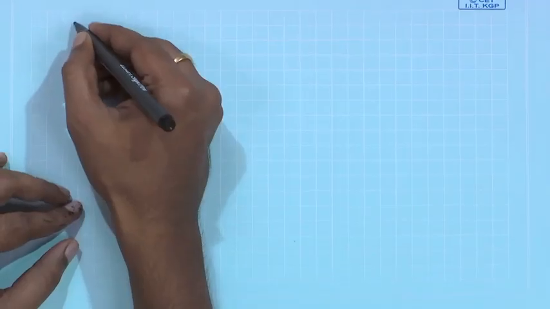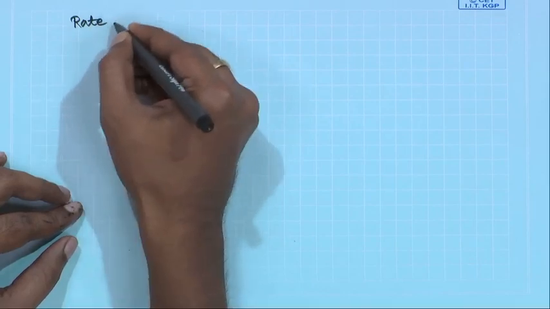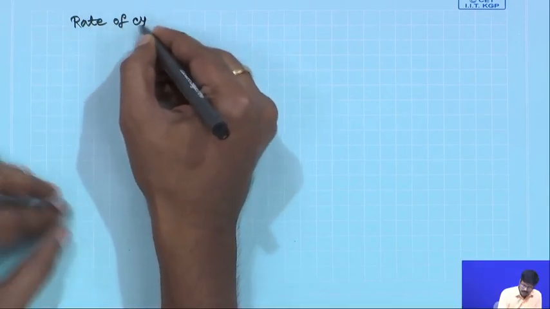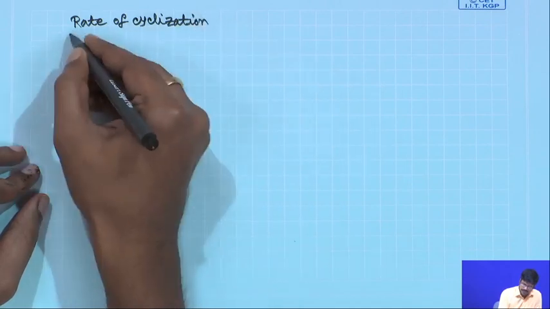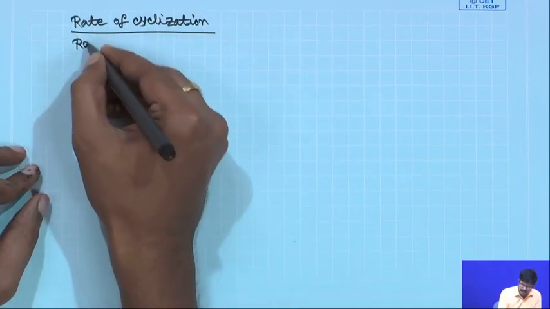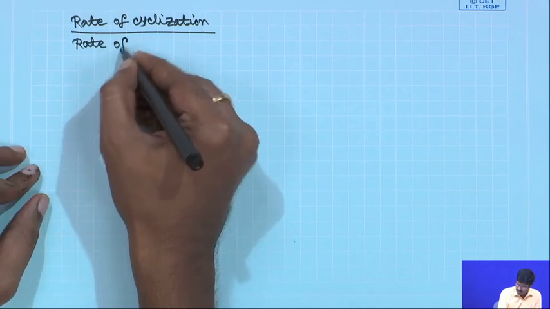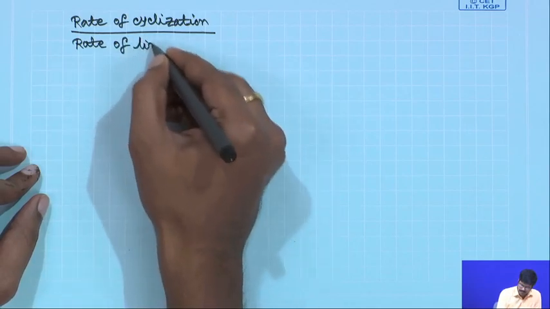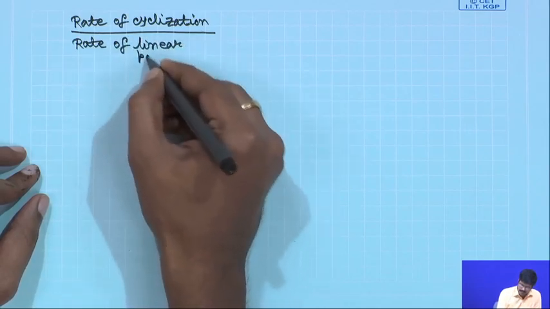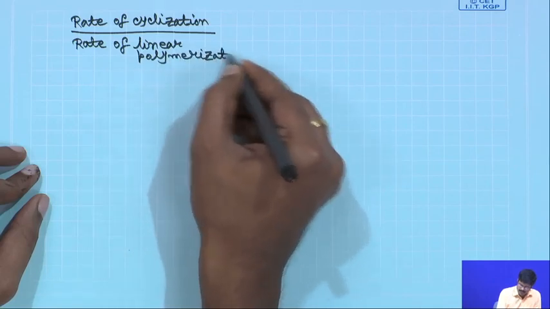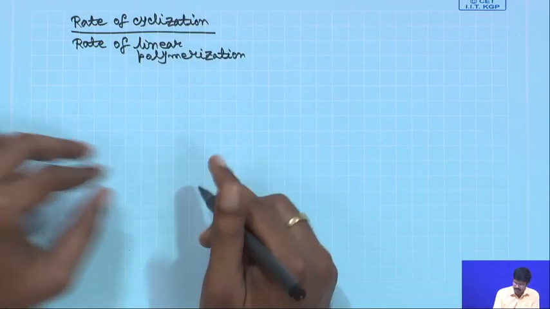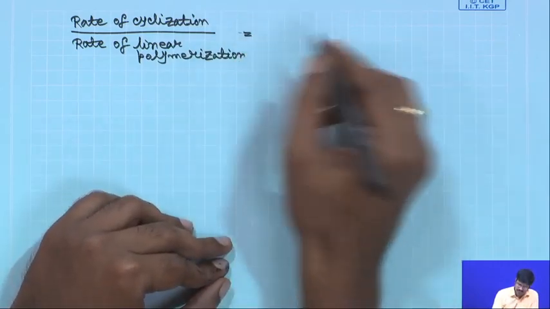Now, something else. If you are looking at the ratio of the rate of cyclization and the rate of linear polymerization, it will be something like this.